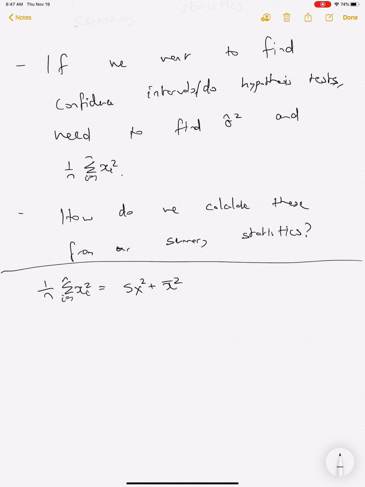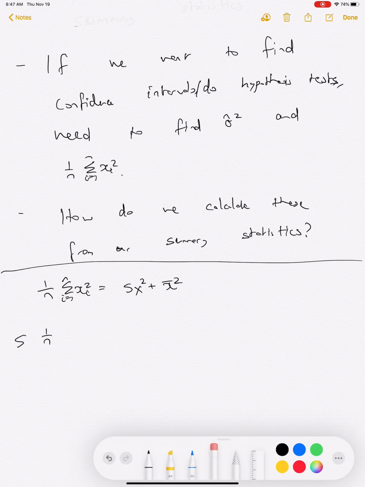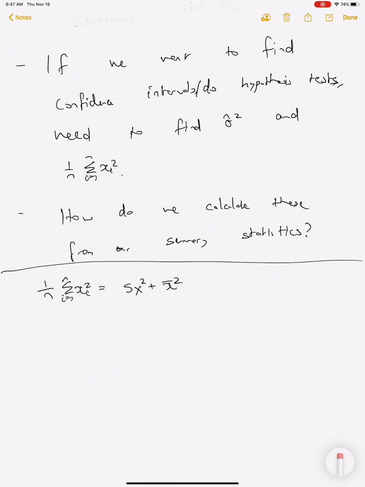That comes from the fact that sx squared is 1 over n times the sum of xi squared, minus x bar squared.